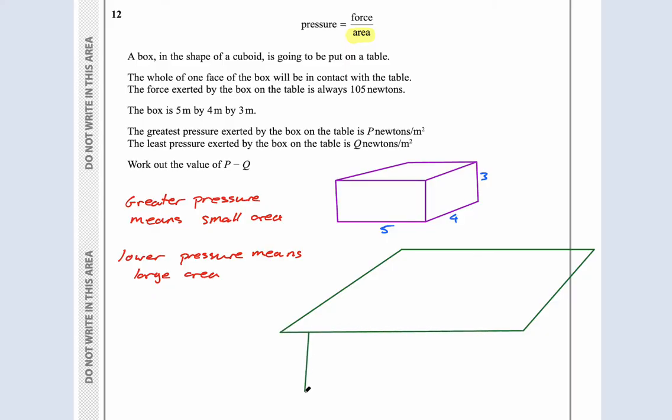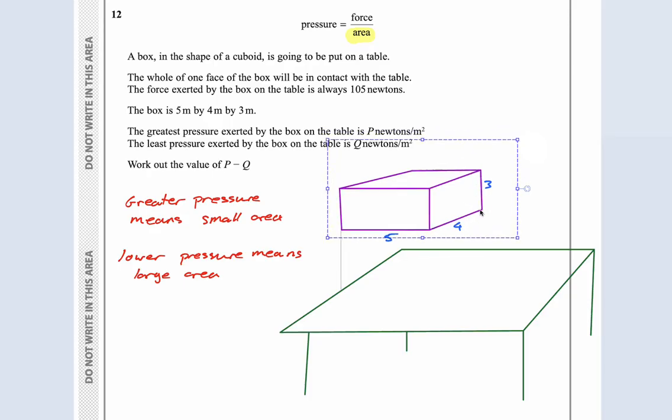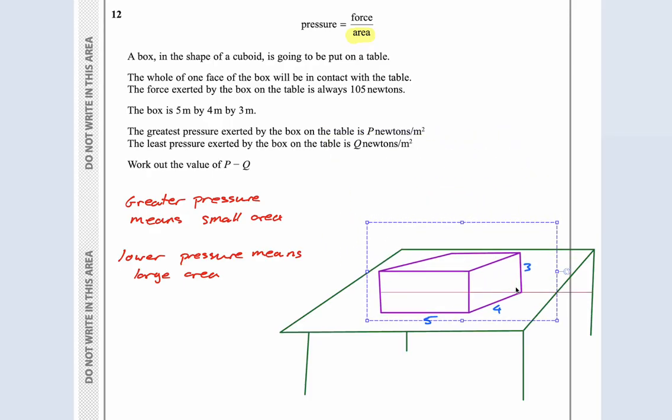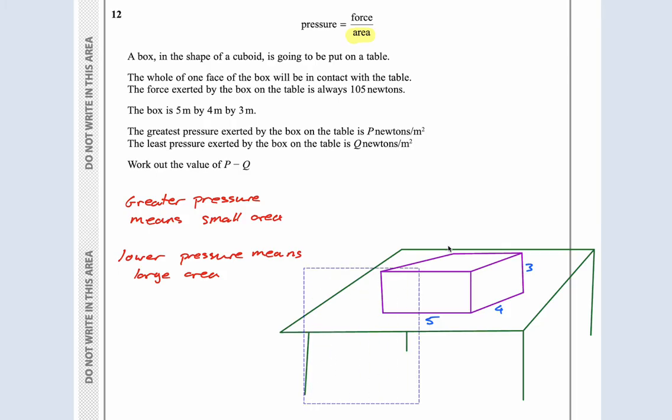So this is a table, guys. Again, not a fantastically drawn one, but a table nonetheless. So we're going to put this box on the table like this. Now the box is on the table. How do I minimize the area?